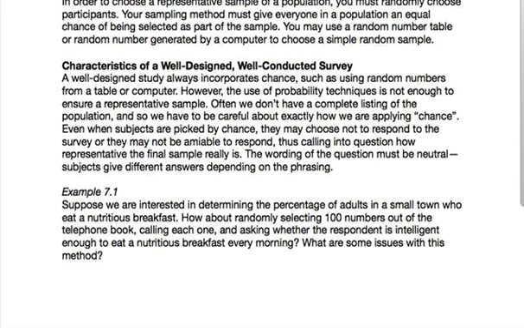So, example 7.1. Suppose we are interested in determining the percentage of adults in a small town who eat a nutritious breakfast. How about randomly selecting 100 numbers out of the telephone book, calling each one, and asking whether the respondent is intelligent enough to eat a nutritious breakfast every morning? What are some issues with the way that particular survey is being conducted?